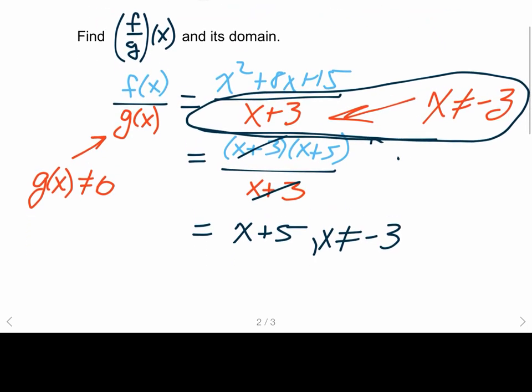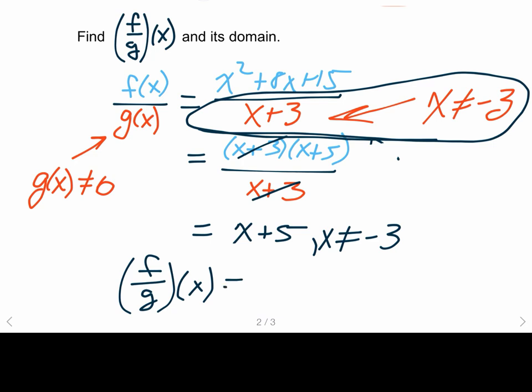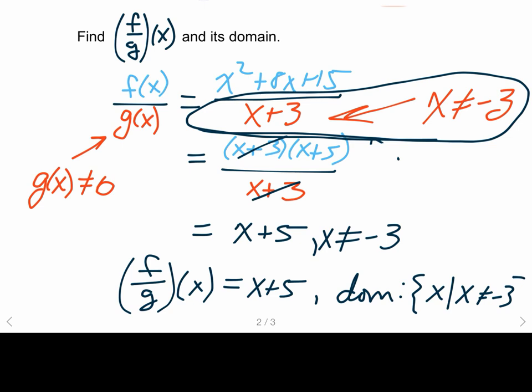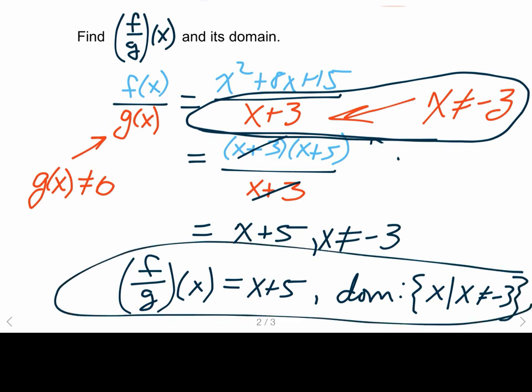Now, to answer this in the format in which it was asked, I'd say f divided by g of x is equal to x plus 5, and that the domain is the set of x such that x does not equal negative 3. That's the complete answer to the question, and the point of this exercise is really that domain restrictions that look like they go away don't actually go away.